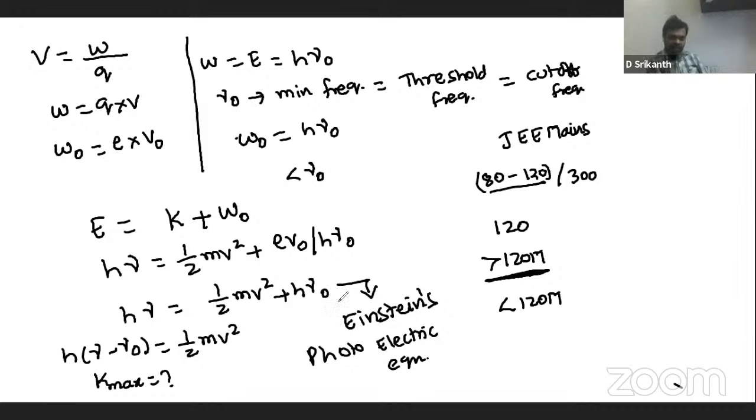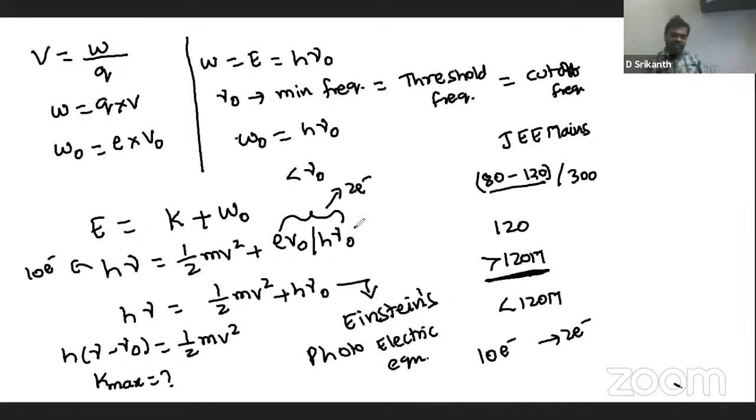See, h nu naught is the minimum work required to escape the electrons. Suppose I have 10 electrons in a metallic surface. Out of these, if I remove 2 electrons due to this work function, then kinetic energy is produced due to 8 electrons only. Now I want the kinetic energy of all 10 electrons.